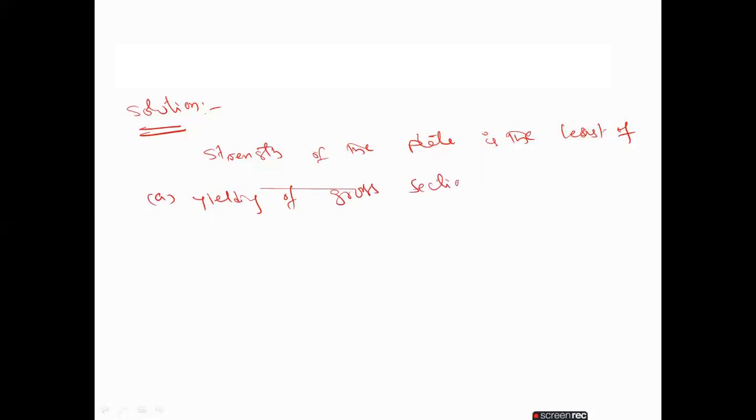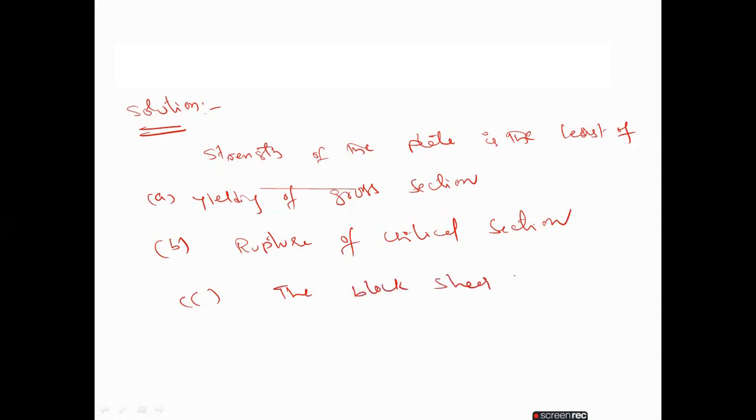Yesterday we discussed this already, and even in the code book all the formulas are available. Second, rupture of critical section. And third, the block shear strength. So from these three conditions, we have to take the least one.